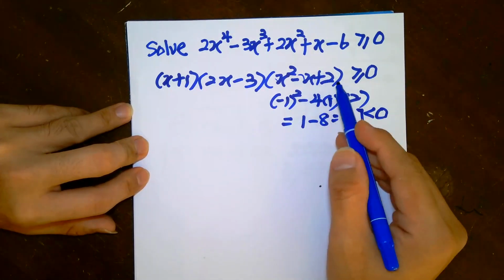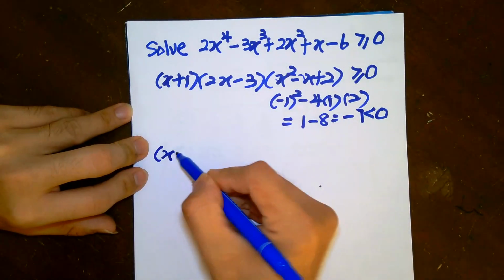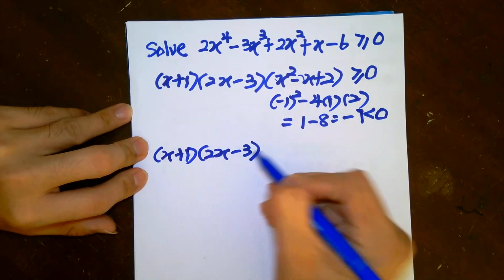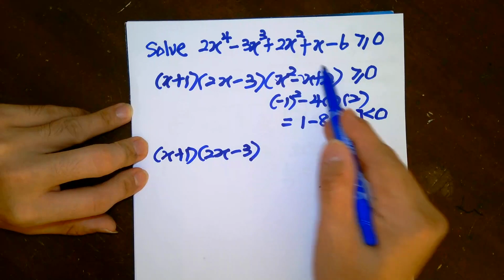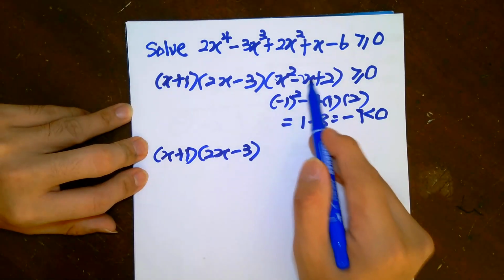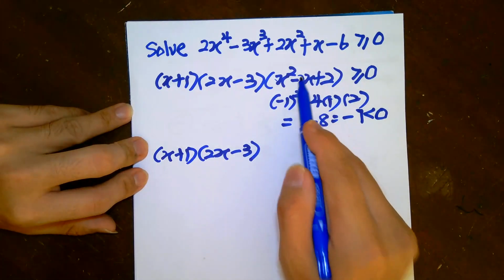So what I'm going to do now is use the graphical method. Look at this: it cannot factorize into real factors, so I'm going to do completing the square.